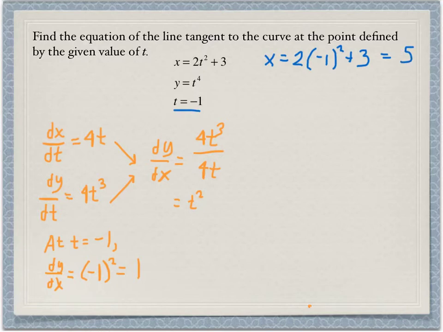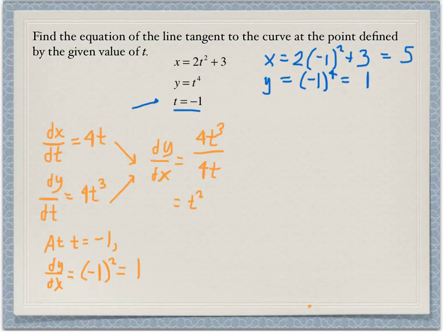So x is 5, and y is, if I put -1 in place of that, -1 to the 4th power, I believe will give us +1. So this is saying that my particular x and y value, when t is equal to -1 here, will be 5 and 1. And that'll help me when I try to write an equation, which is what I'm ultimately going to do here.